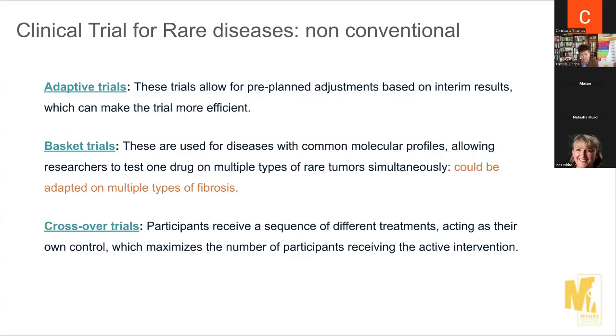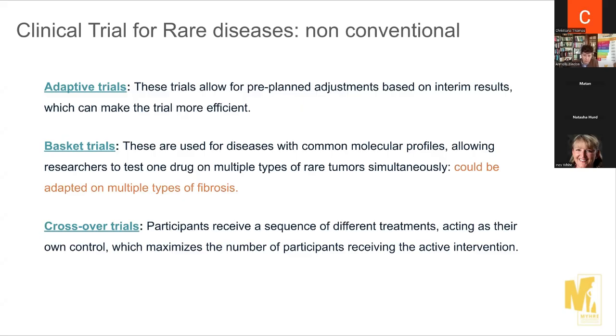So the basket trial is in fact when you treat different populations with the same molecule, so different diseases or manifestations. Even in the same disease, it can be different types of manifestation. So you start from one molecule and you add, it's a basket because you add different types of manifestation or different types of disease patients.